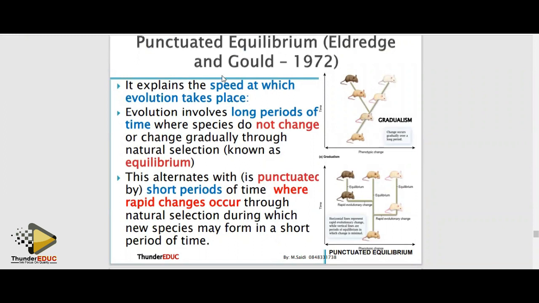This evolution involves long periods of time where the species do not change, and it alternates with short periods of time where there is rapid change. So basically, long periods of no change and then short periods of species changing.